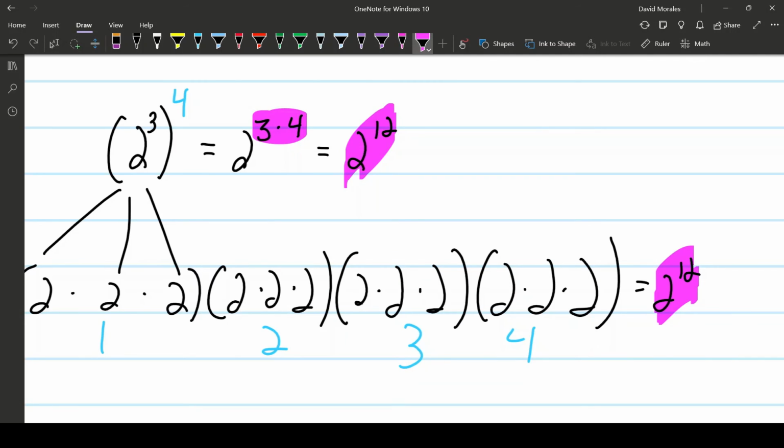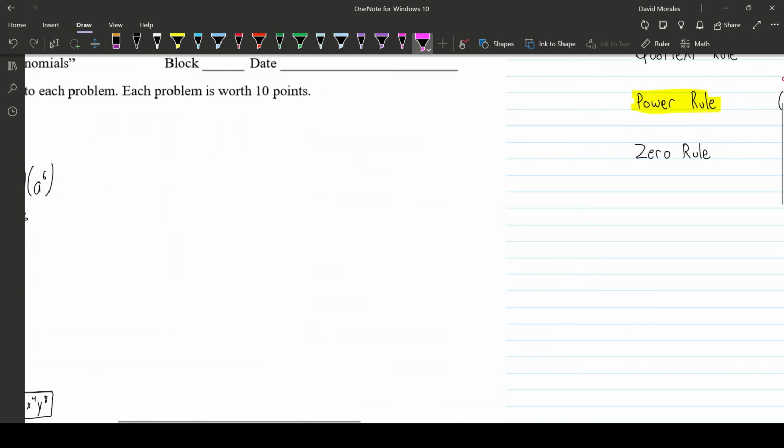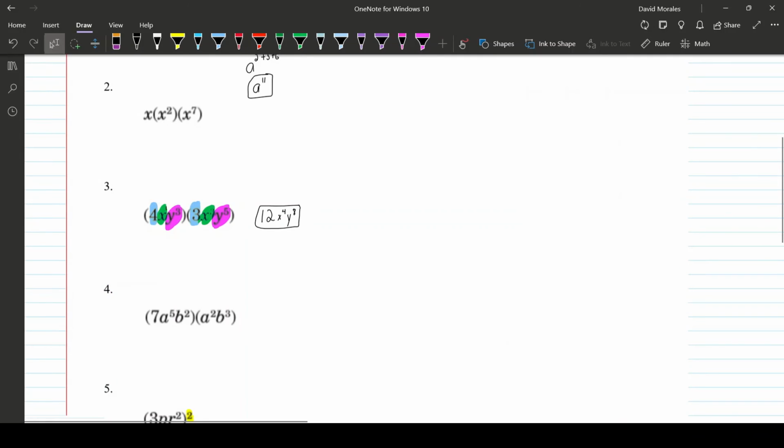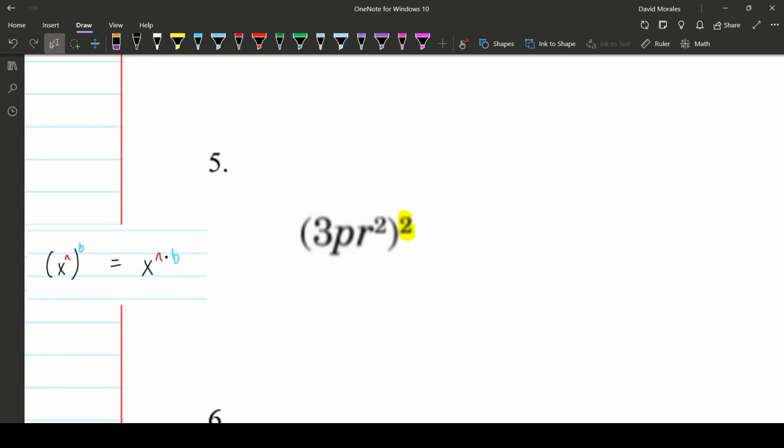So let's go ahead and actually apply this to our problem. Let's zoom out, and we're going to be doing problem number 5. Now, in our example we only had one number, but if I have more than one, like in this case I have a 3, a p, and an r squared, then I'm really just going to distribute this 2 to everything inside.